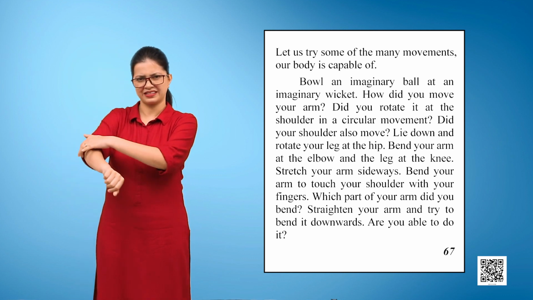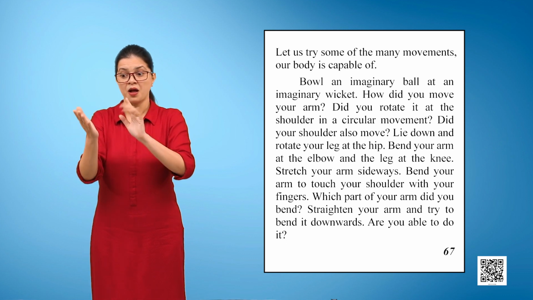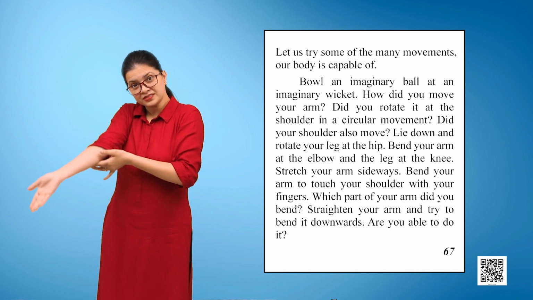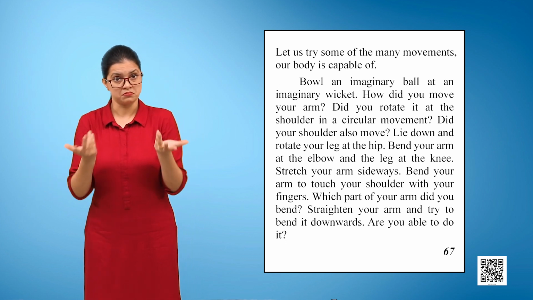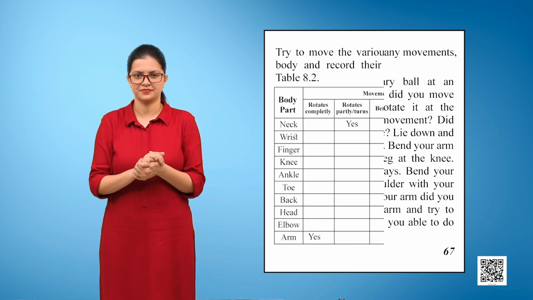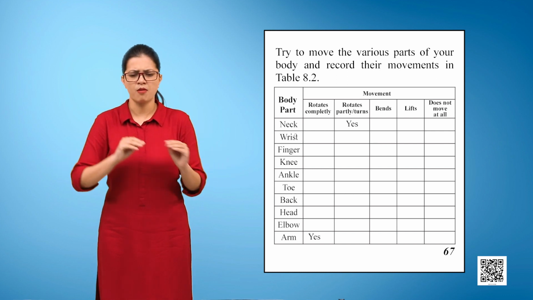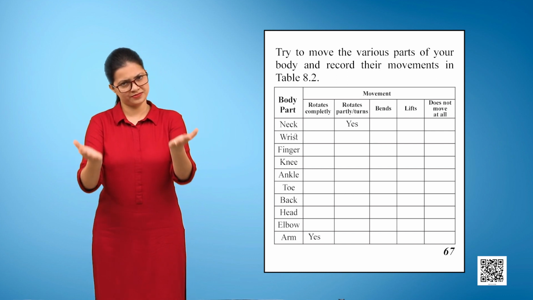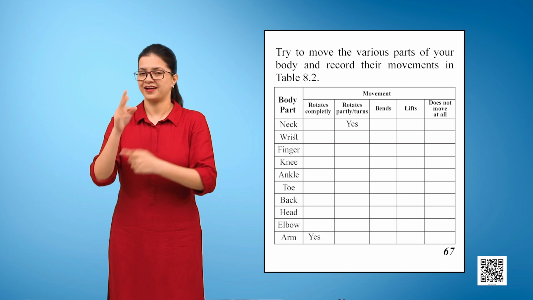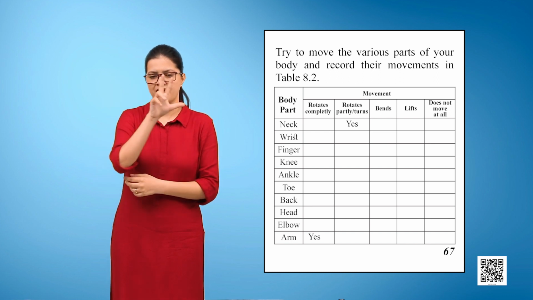Straighten your arm and try to bend it downwards. Are you able to do it? Try to move the various parts of your body and record their movements in Table 8.2.